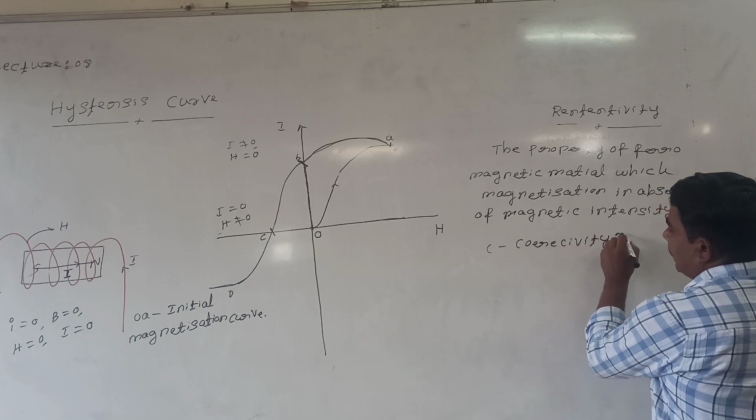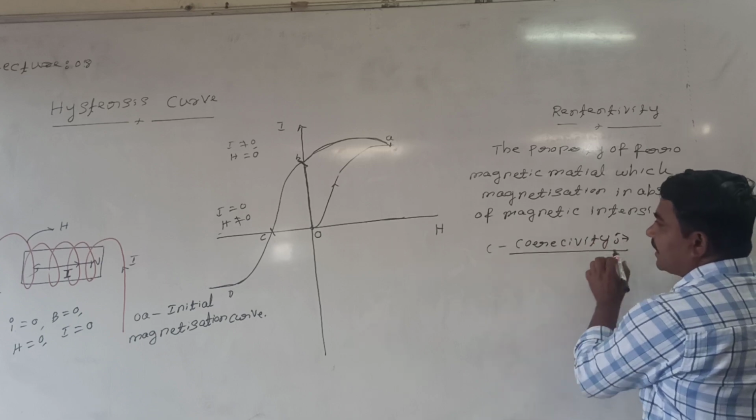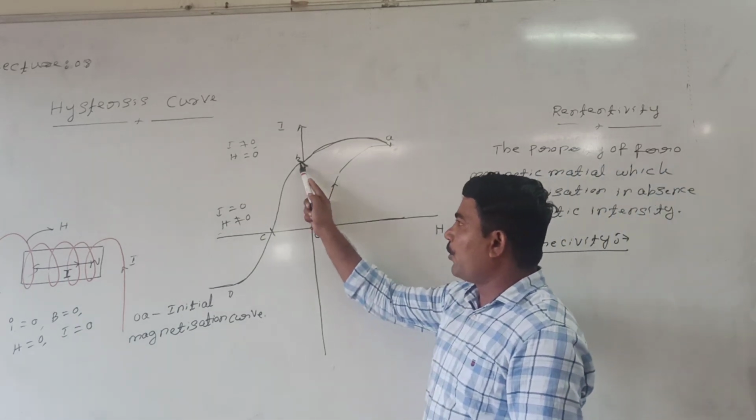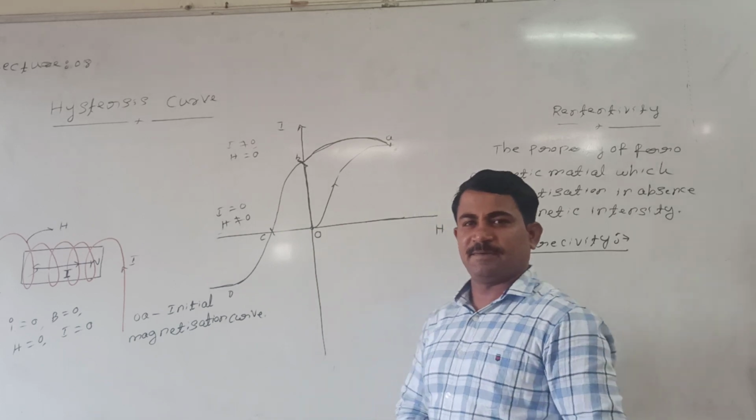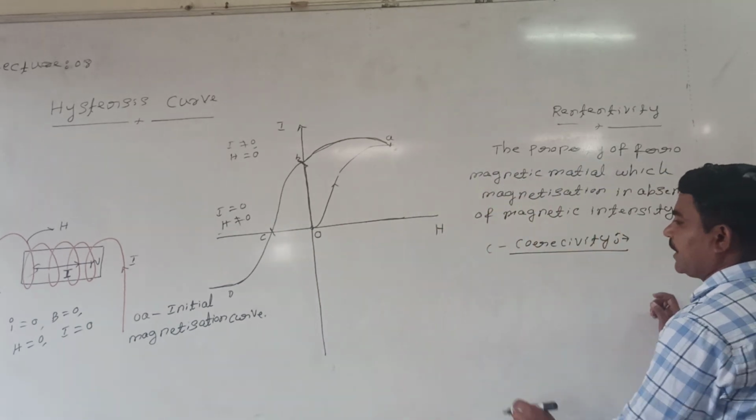What is the meaning of coercivity? The amount of reverse magnetic intensity required to demagnetize the material. That property we are calling coercivity.